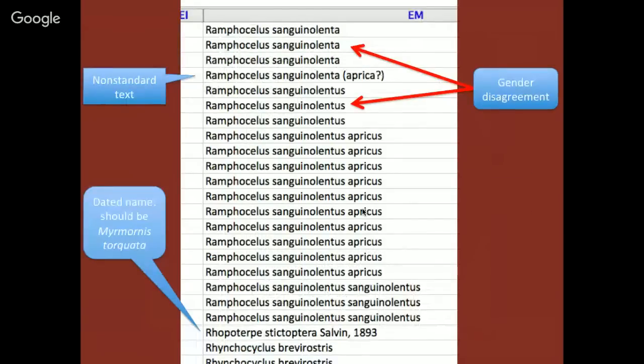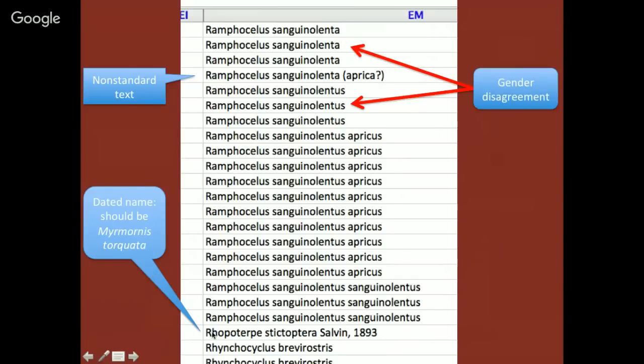Here we see Ramphocelus sanguinolenta aprica question mark. Again, non-standard text. And then over here, we see that some of these records for this species, sanguinolenta, are under sanguinolenta and some are under sanguinolentus. So this is the same species. It's just a disagreement about gender of the genus and how the species epithet should match it.